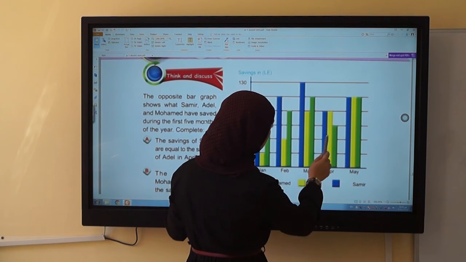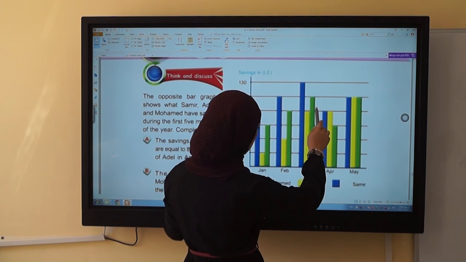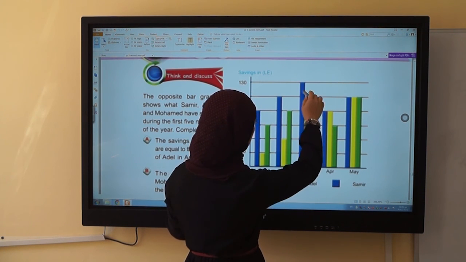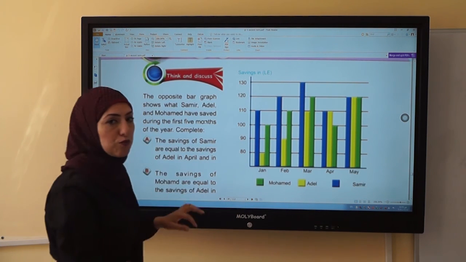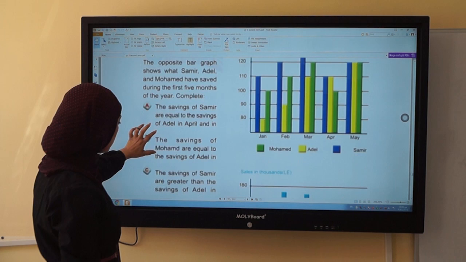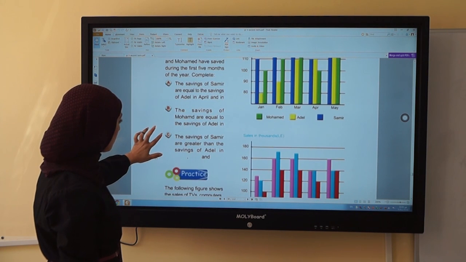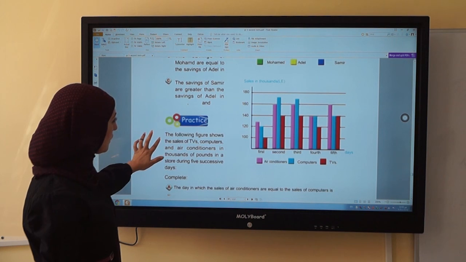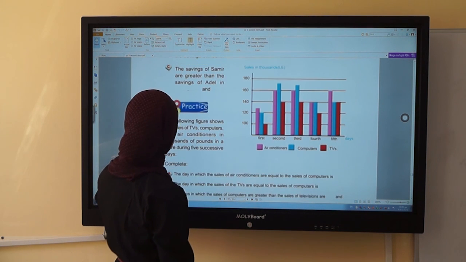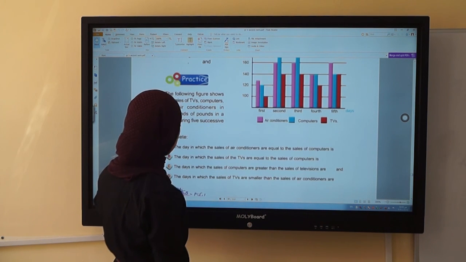Here they are equal, here they are equal. So the blue is greater than the yellow in January, February, and March. Okay. And here there is another question on the same idea.